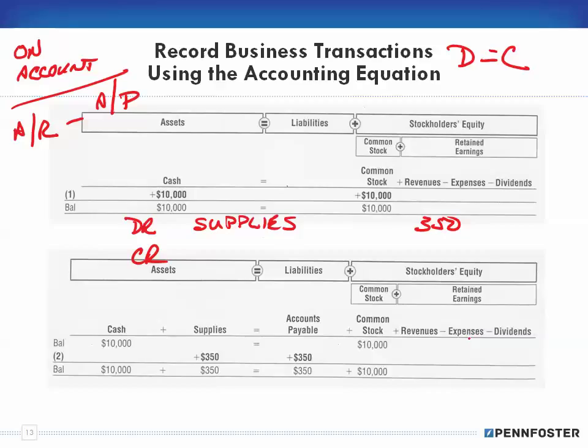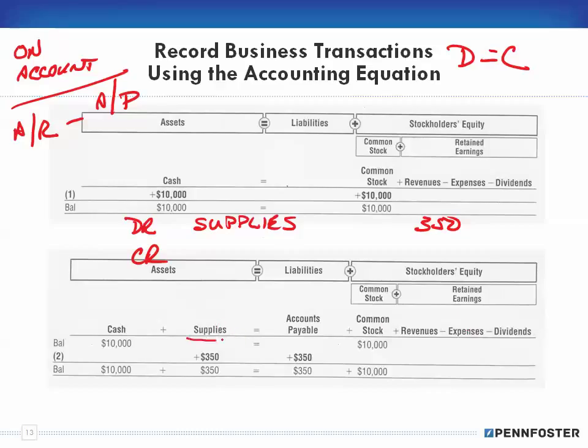Well, you could say the supplies could be an expense, but in this case, we already determined that the supplies was going to be an asset, okay? Because it's something we own. It's not something we're using immediately in the operation of the business, and that would be the difference between a supply asset and a supply expense.